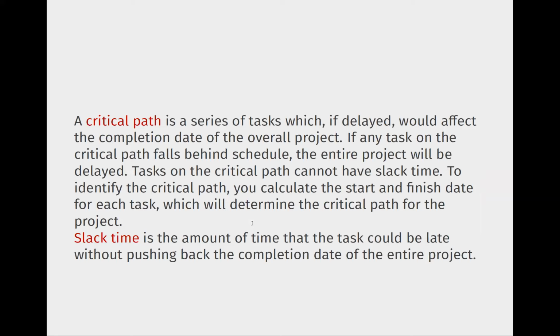Right, now I will go back to the theory. There was a question on slack time. Dinesh asked me, what do you mean by slack time? So let's look at the definition first.